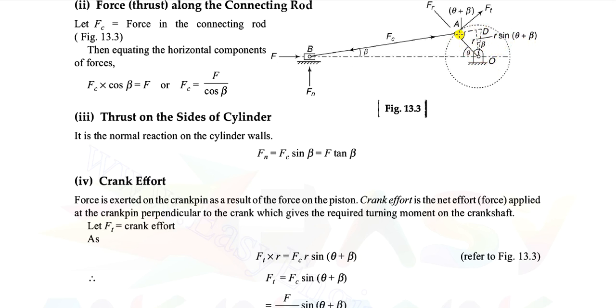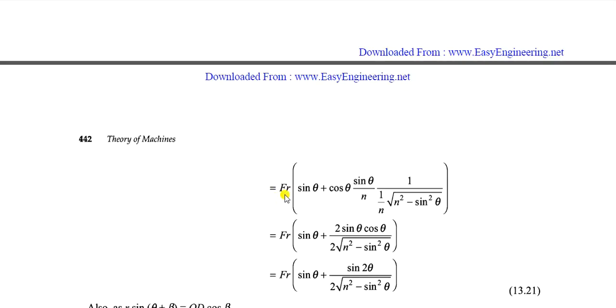Because this is R, this is theta plus beta, and this is R cos beta, cos theta plus beta, and this is the sine component, this is the cos component for R.